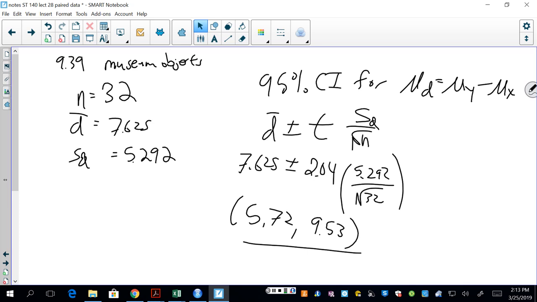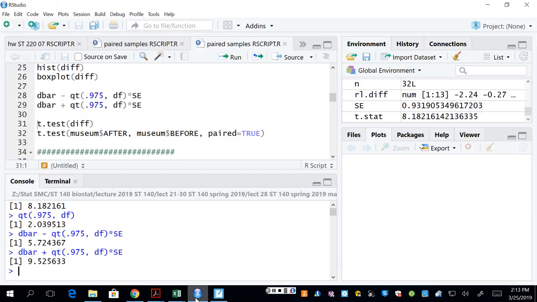Now it's good to be able to write out the formulas, plug in the numbers, and do some of the computing in R. As you do your homework assignment, if you want to check some things, I encourage you to write out the different components. There is a t-test command in R for the differences.